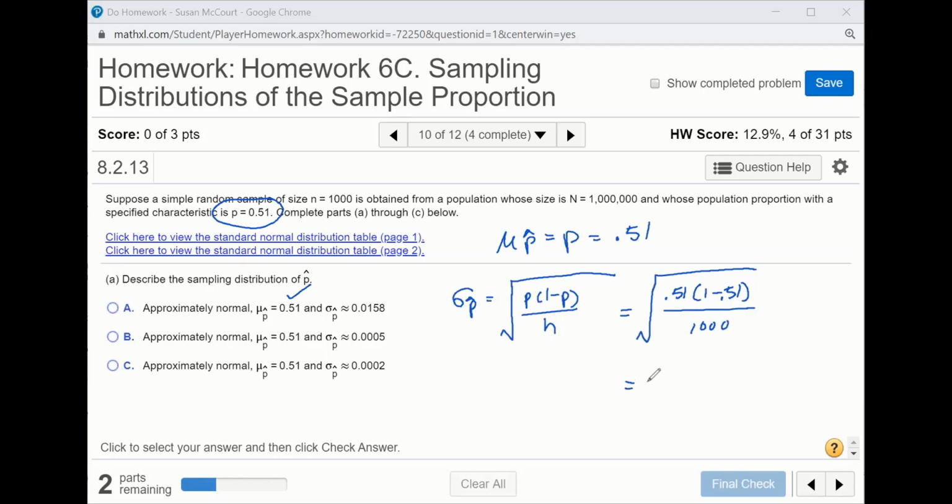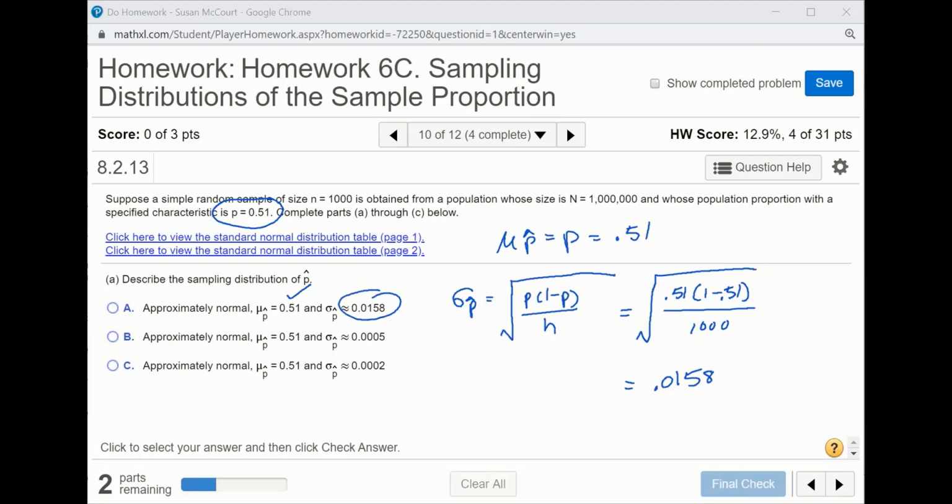So getting out my calculator, clear, I'm going to do 0.51 times 1 minus 0.51 divided by 1,000. And with the square root, I get 0.0158. So that's going to be A.